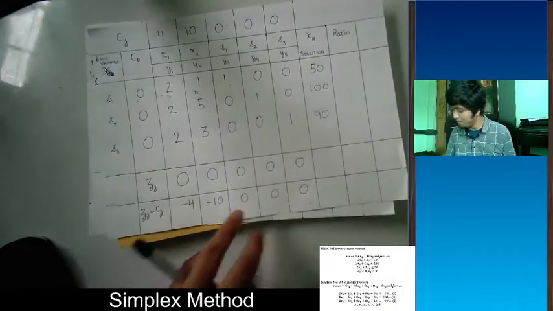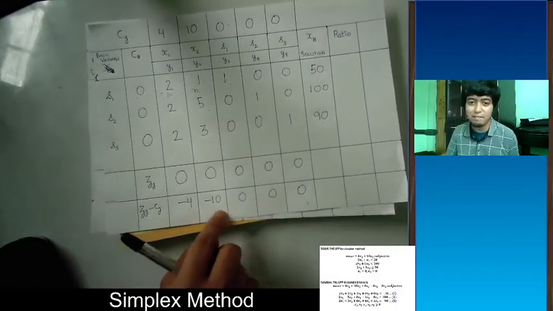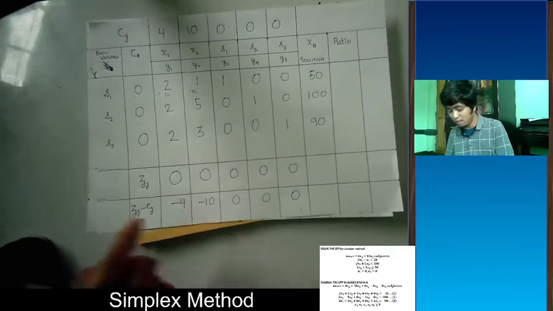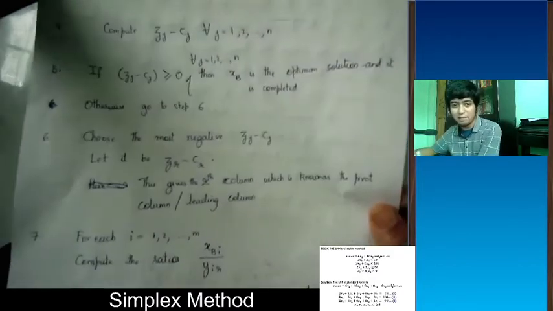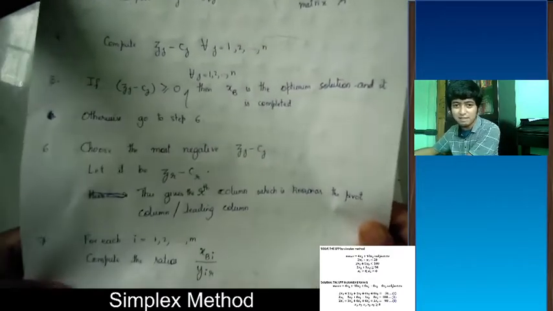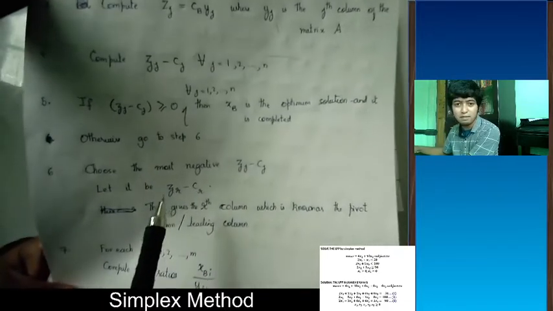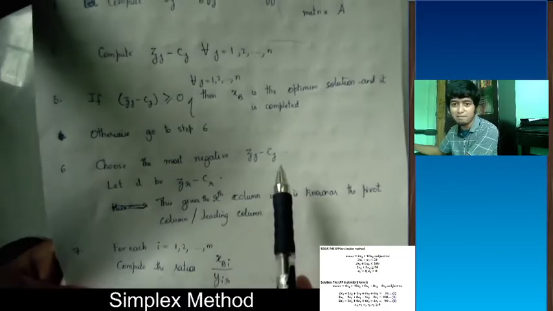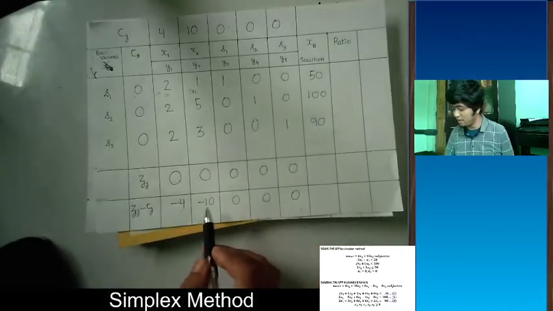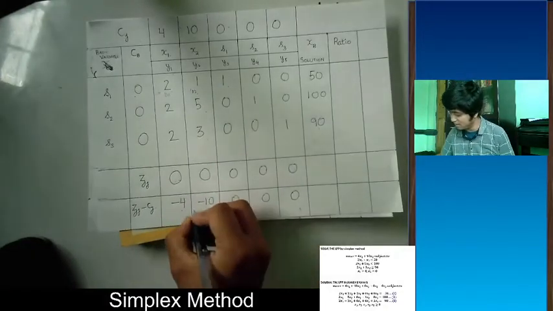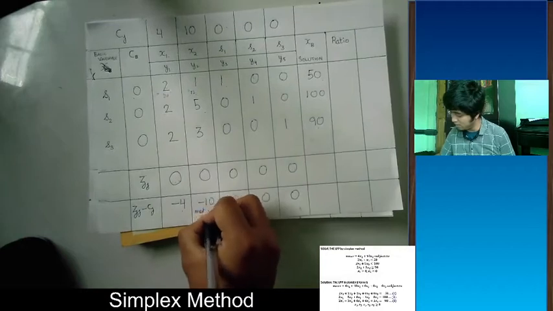But now there are still some negative values. Now take a look at number 6. It says, choose the most negative Zj minus Cj. The most negative value is this.